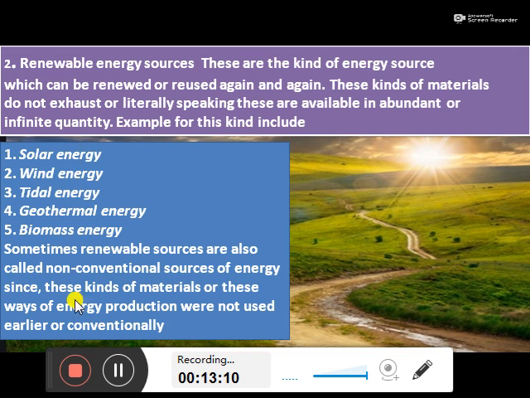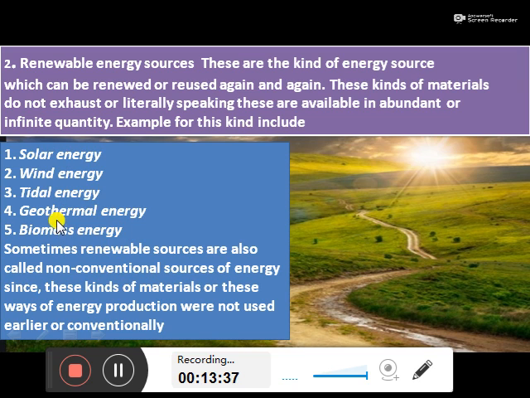These come under renewable energy sources. Solar energy is abundantly available, no scarcity. Wind energy is also like that. And tidal energy, where India especially has a very good source, and geothermal energy and biomass energy.